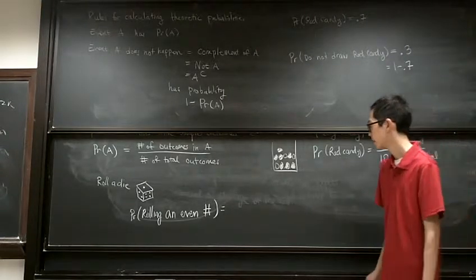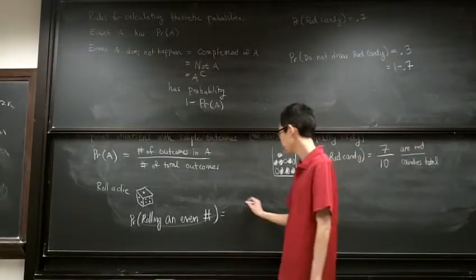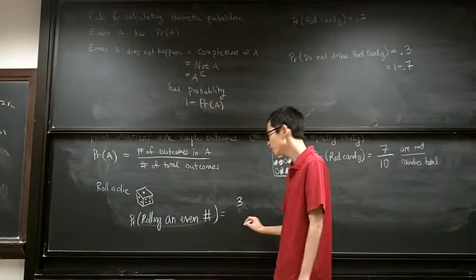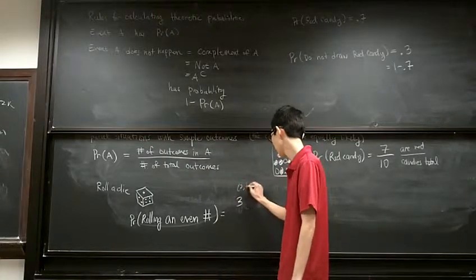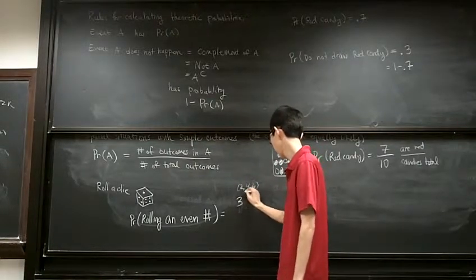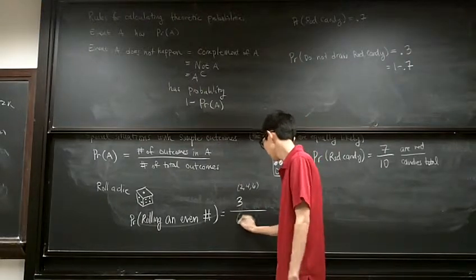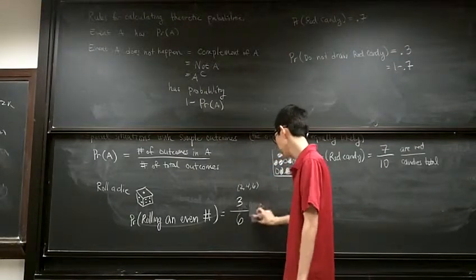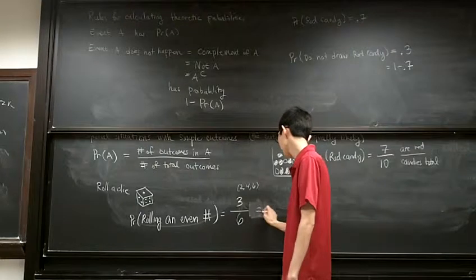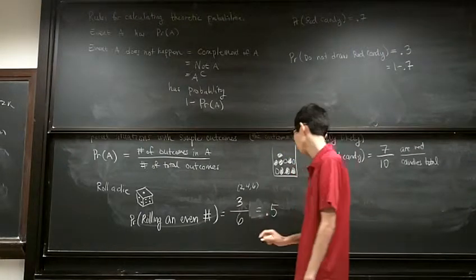There are three numbers that are even, 2, 4, and 6, out of 6 faces total. So we have 3 out of 6, 0.5.